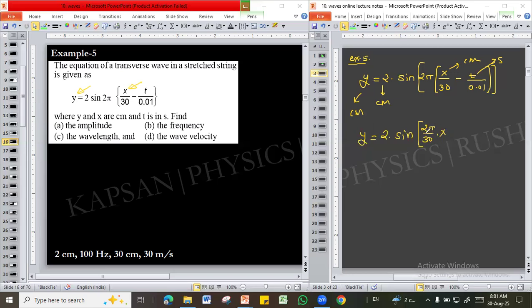So now you will have kx minus, write down with me, 2 pi upon 0.01 into t. So compare this with y is equal to A sin(kx minus omega t). Now you tell me what is the amplitude of the wave with proper unit.